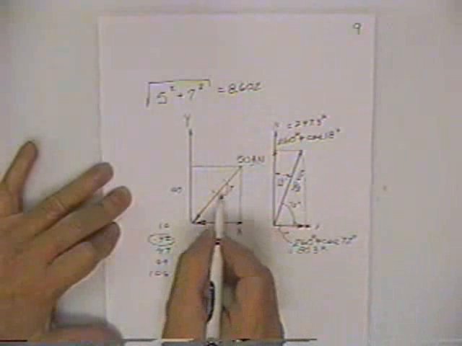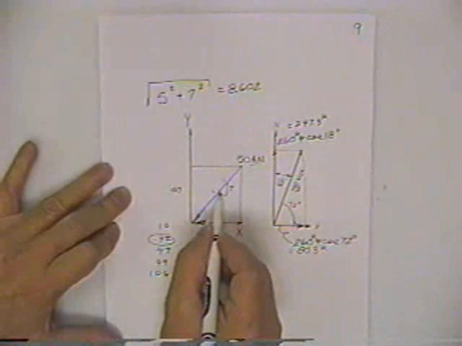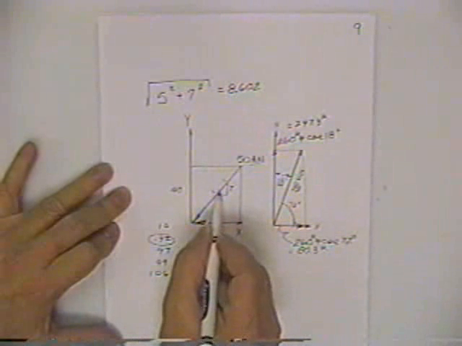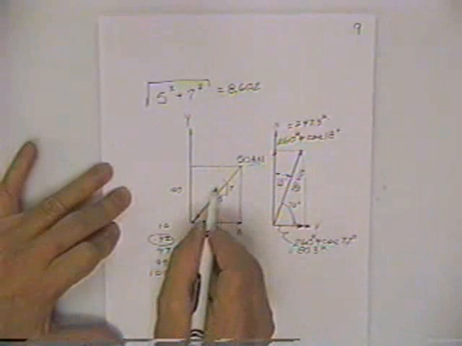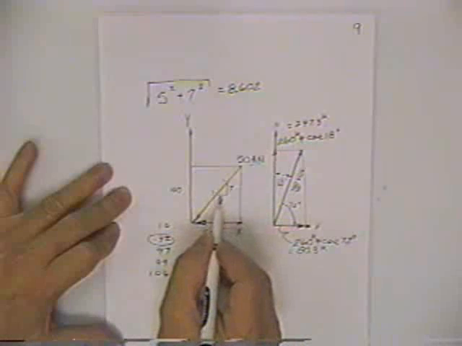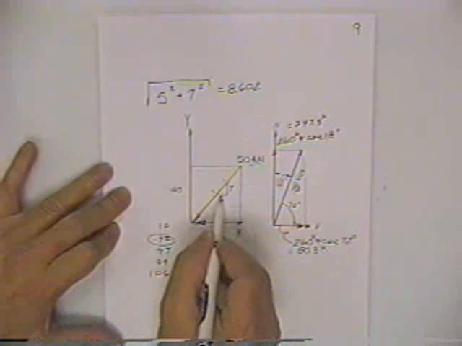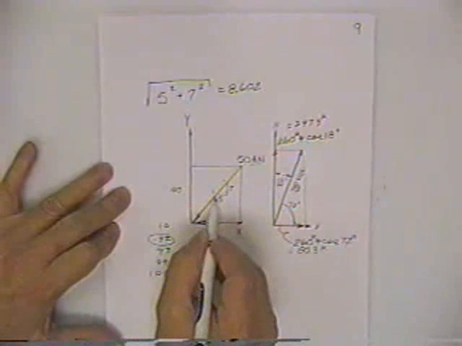Now you could then find the cosine or the angle here by saying, give me the angle whose cosine is 5/8.6. But if you do that, when you find the cosine of this angle, it's just going to turn right around and be these two numbers.